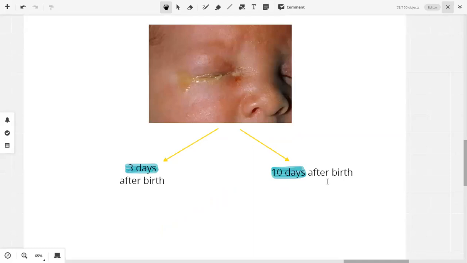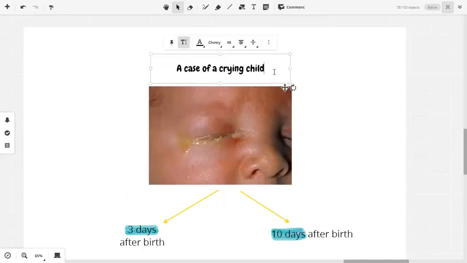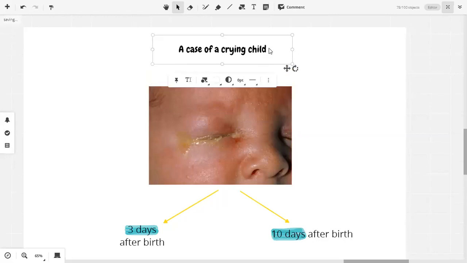So the important thing in this case is that the child most likely has a vertical transmission. Vertical transmission means that whichever organism is affecting his eyes reached the eyes when the child was being delivered by SVD, spontaneous vaginal delivery.